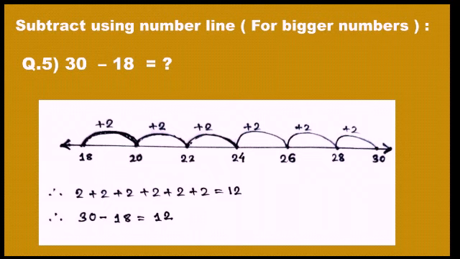So I have taken the gap between two numbers as 2. So 18, then 20, then 22, then 24, then 26, then 28, then 30 I have written. So how many 2's are there? Just add it. That is the answer. So 30 minus 18 equals 12.